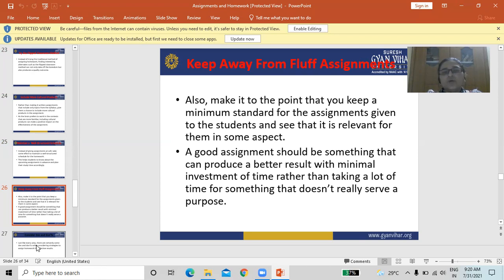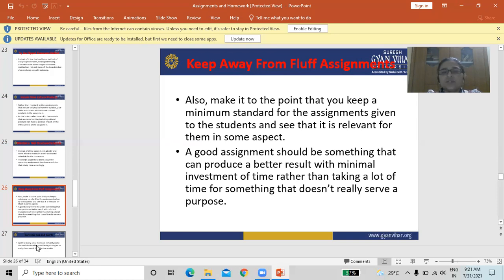Keep away fluff assignments. Also make it to the point: keep a minimum standard for the assignments given to the students and see that it is relevant for them in some aspect.